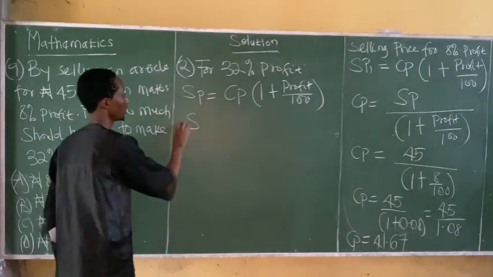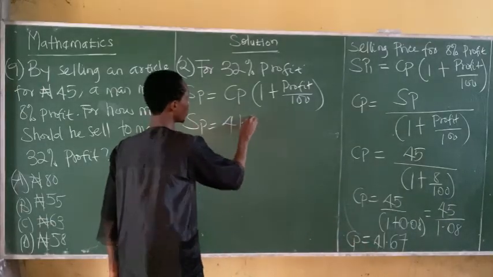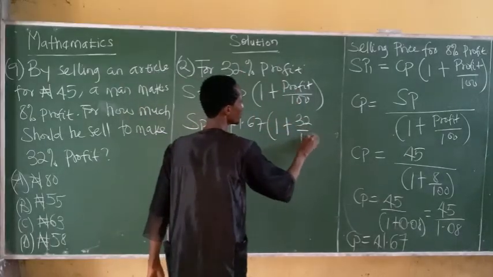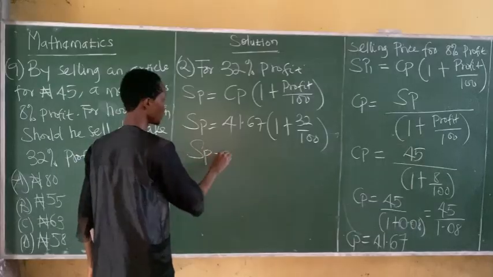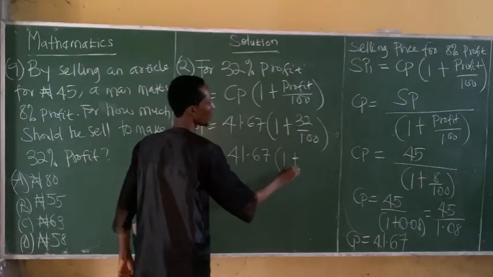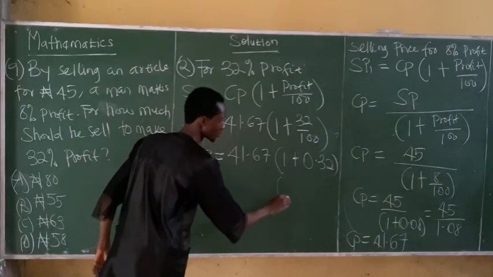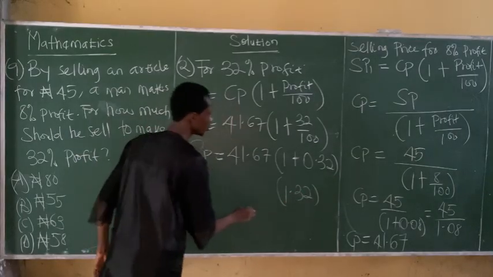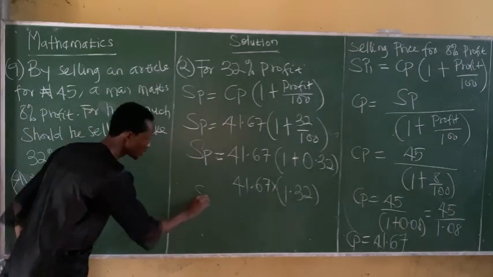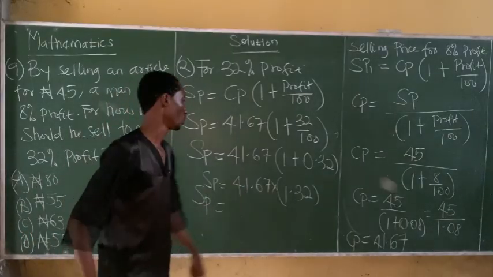Now the selling price here, SP, is equal to the cost price we have here, 41.67, into 1 plus 32 over 100. 32 divided by 100 will give us 0.32. 1 plus 0.32 will give us 1.32 times 41.67. So the selling price is equal to 41.67 times 1.32.